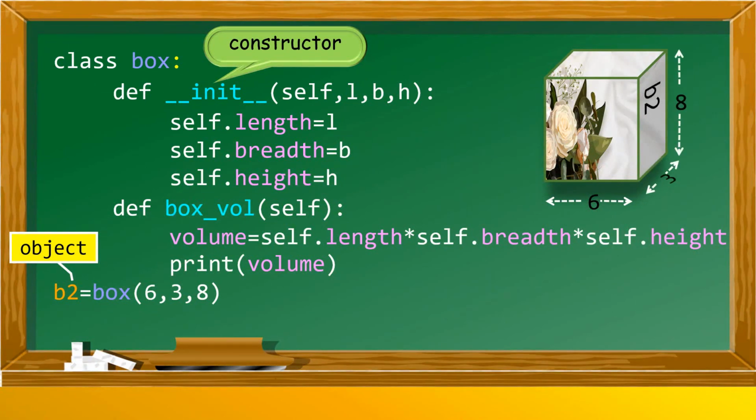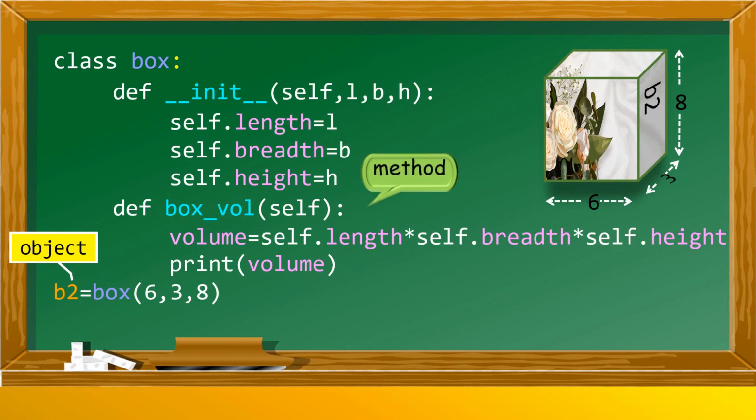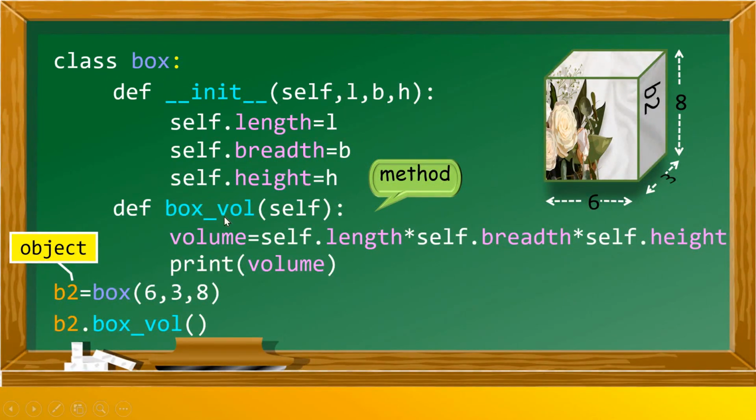And next, when I give the statement B2.box_wall, the method box_wall is invoked for the object B2, and volume is calculated as self.length into self.breadth into self.height, which will be 6 into 3 into 8.